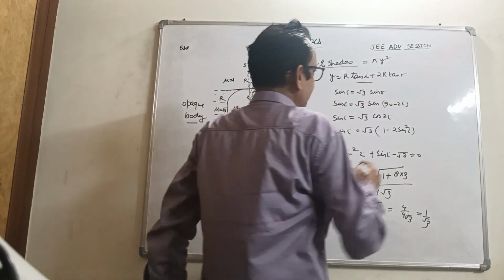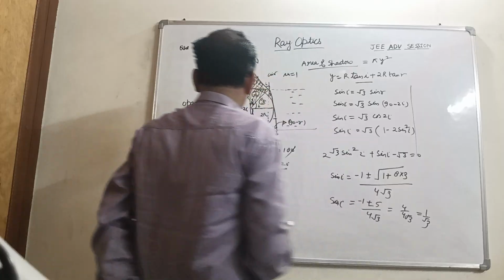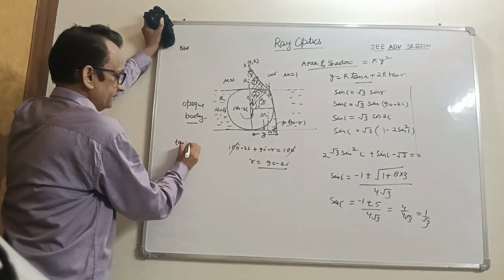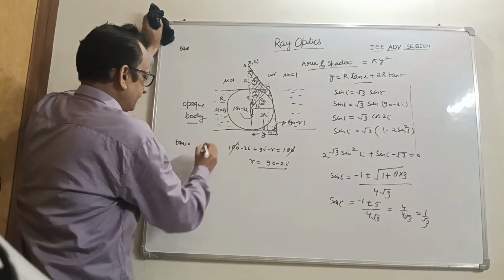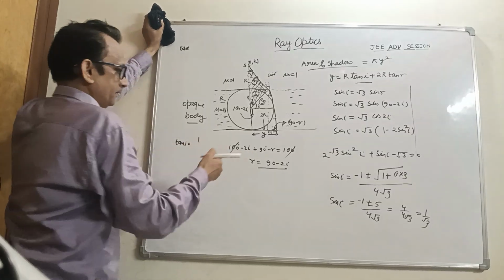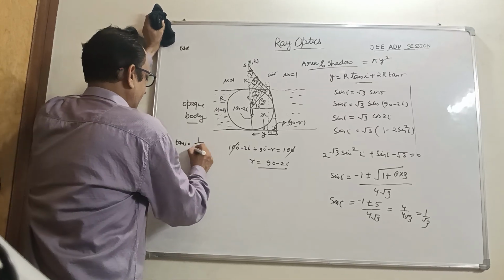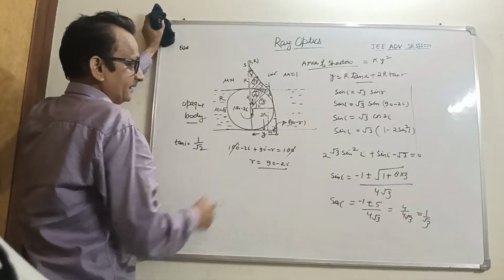So tan i would be, since sin i is 1 by root 3, with hypotenuse root 3, the base is root of 3 minus 1, so tan i is 1 by root 2. This is the tan i.